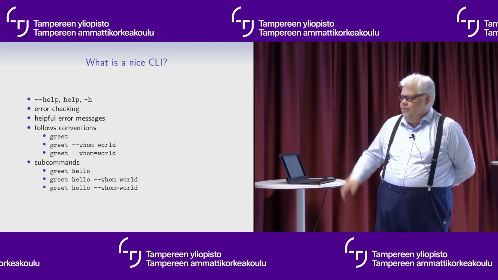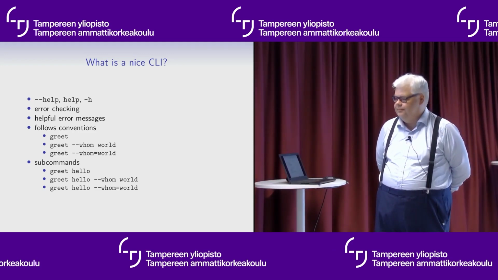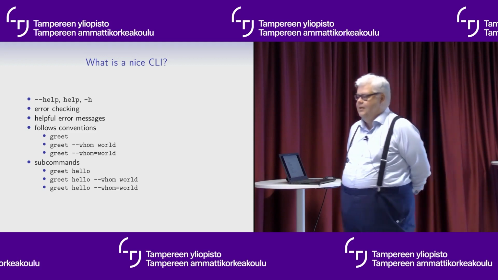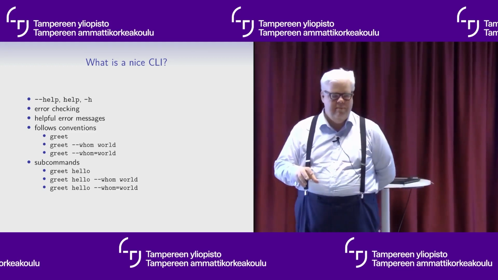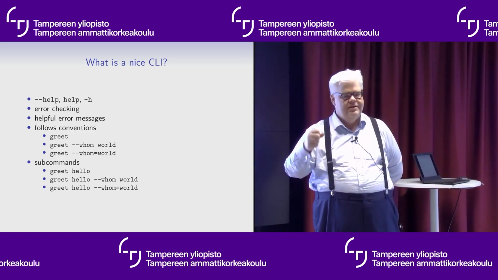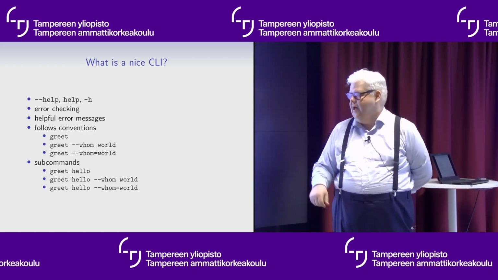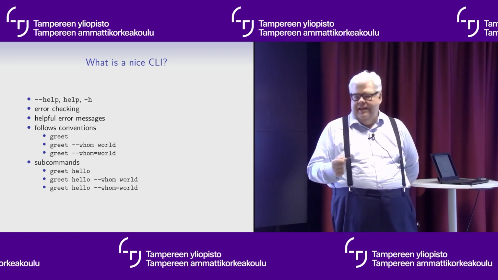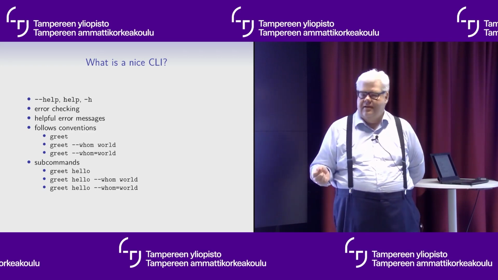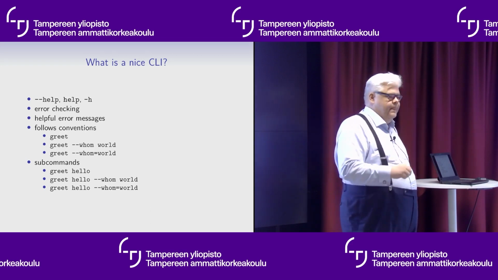An invention from later is subcommands, where you run a program and it has commands instead of options on the command line, and it might have options as well. Git is an example of a program that does this. Git is not the first one.